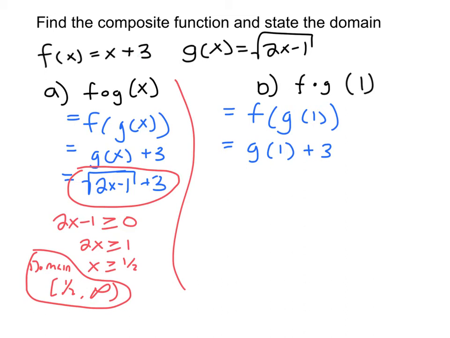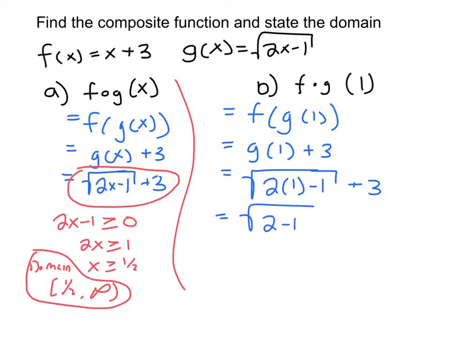Now let's plug in 1 into g of x. That's the square root of 2 times 1 minus 1, plus 3. So that's the square root of 2 minus 1 plus 3, which is the square root of 1 plus 3, and the square root of 1 is 1, so that's 4. That's your answer.